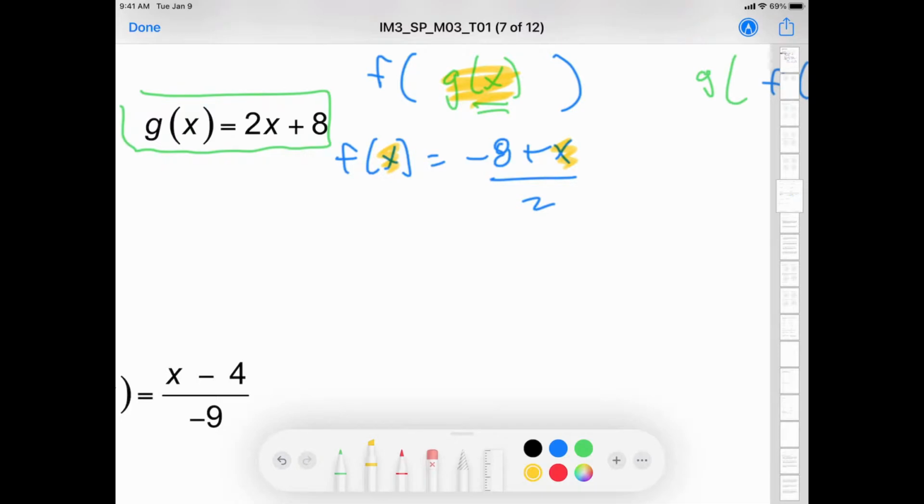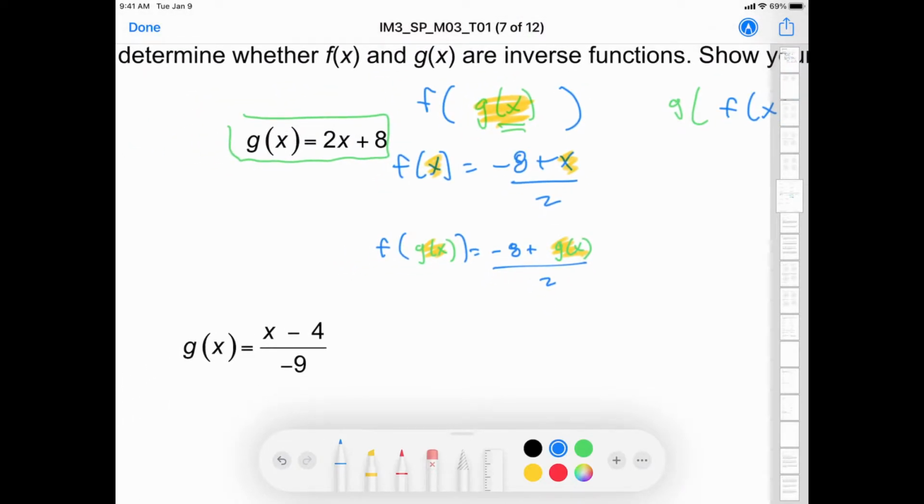So let's do that with f, now we're going to put in g of x.